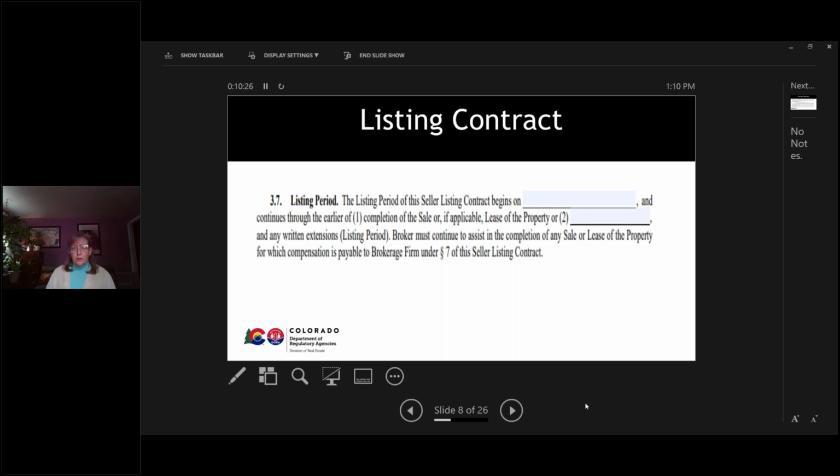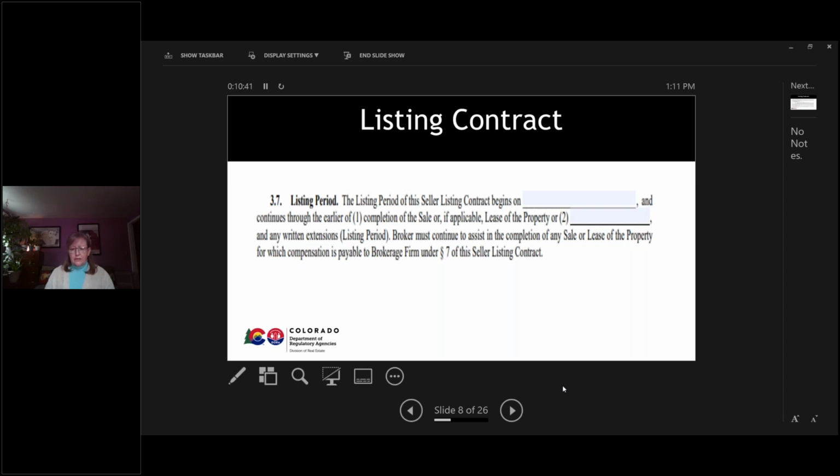In addition to the brokerage relationship, the listing contract is going to go through the brokerage duties. And there are uniform duties that the real estate brokers have to provide, whether they're your single agent or your transaction broker.